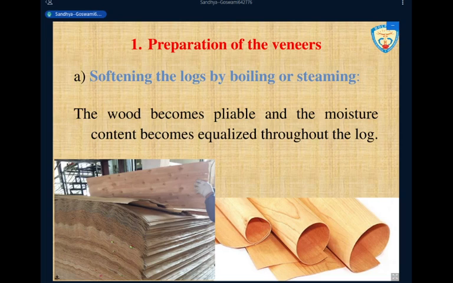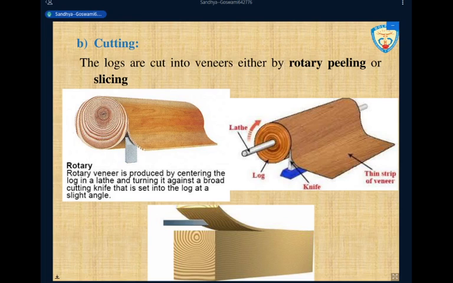So to make it pliable, we have to increase its moisture content. We have to equalize the moisture content throughout the log. For that, you can boil it, or you can give steam to the log so that it gets softened and has equalized moisture content. Thereafter, we have to cut it, right?